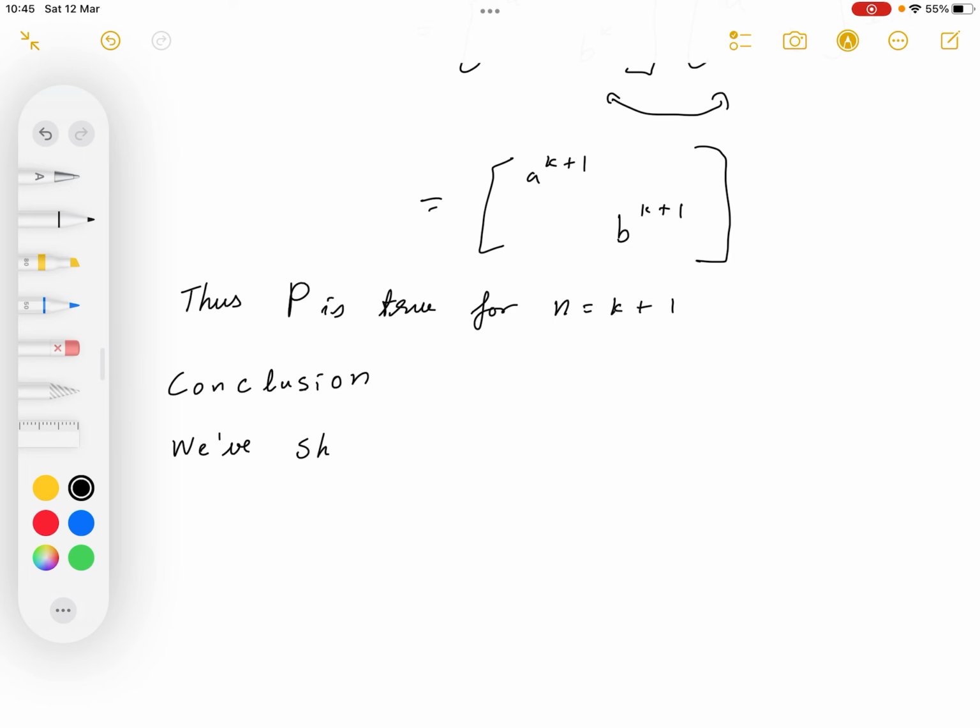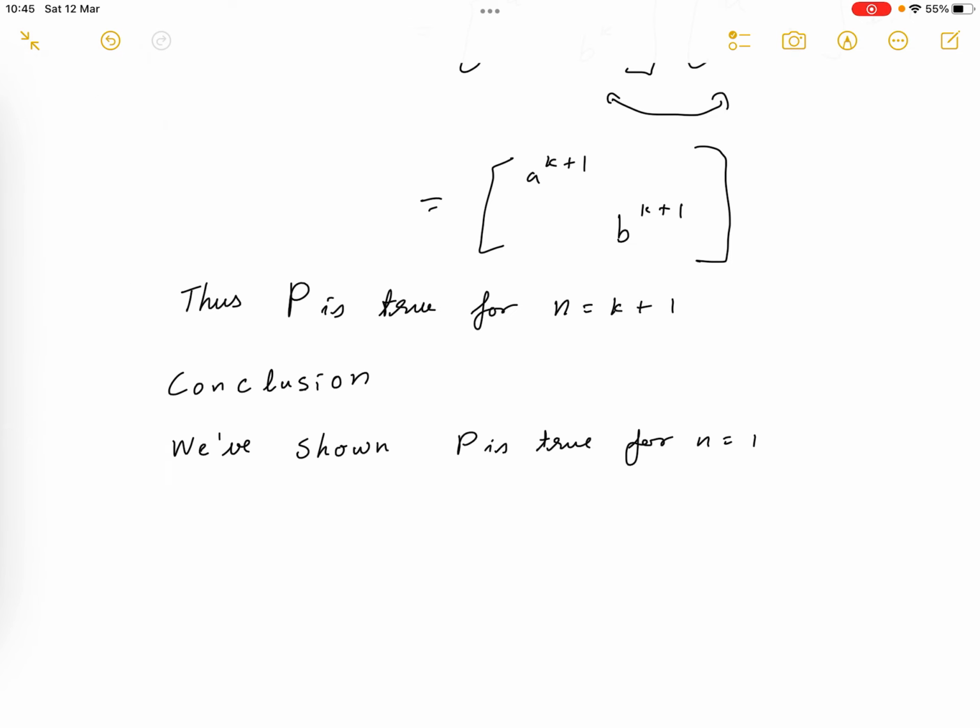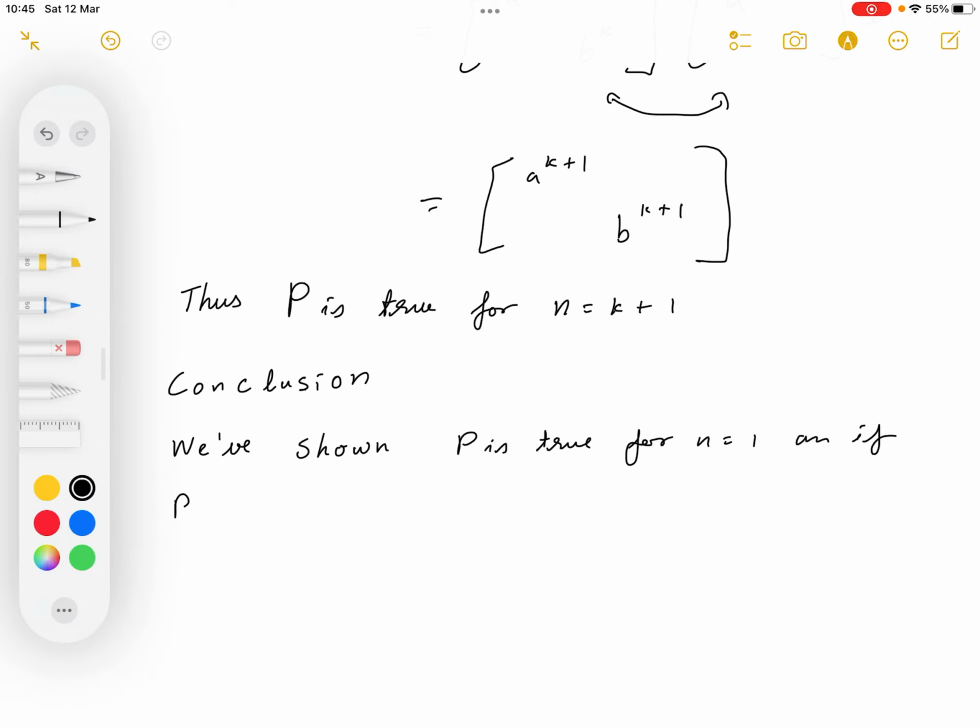We've shown P is true for n equals 1, and if P is true for n equals k, then P is true for n equals k plus 1.